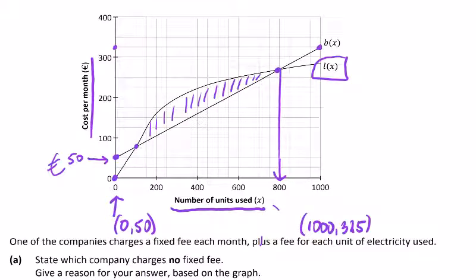Just tidy up the graph. It's halfway across to 200, so 100. X will be between these two numbers. Nice way to write it, 800. You could write just between 100 and 800 for full marks.